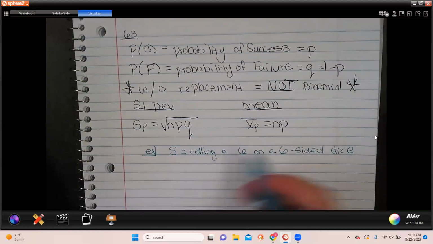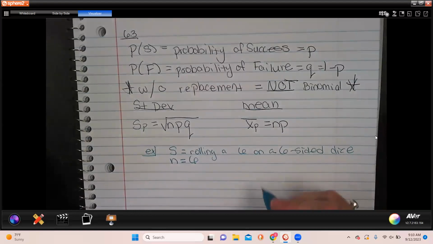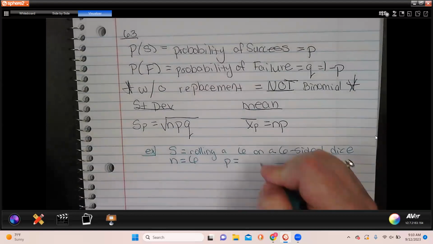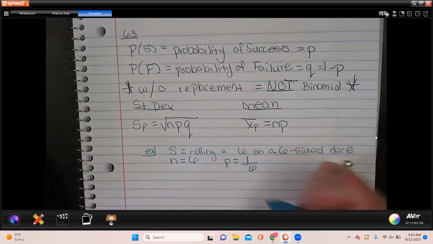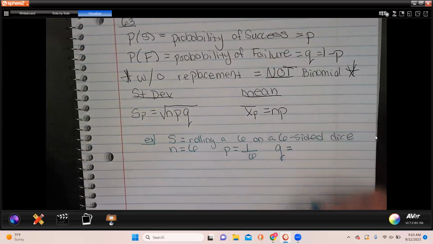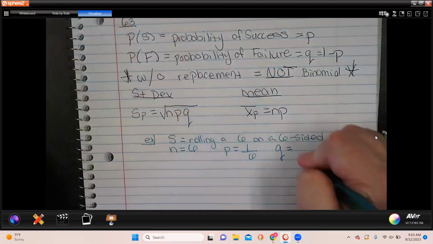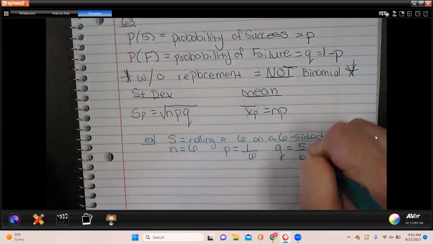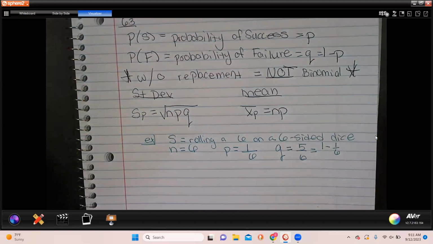Well, it's a 6-sided dice, so the number of possible outcomes is 6. And the probability of success is, there's only 1 six on a 6-sided dice. So 1/6 is my probability of success. That means my probability of failure is getting a 1, 2, 3, 4, or 5. So that's 5 out of 6. I could have also done 1 minus 1/6, and it would have given me the answer.